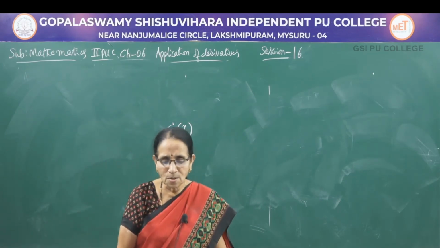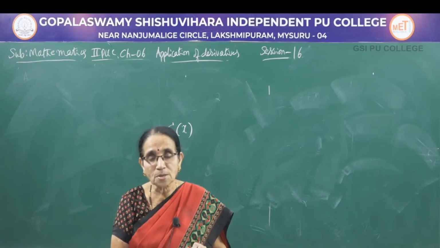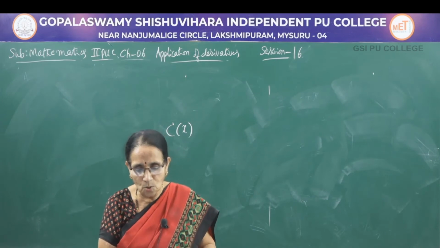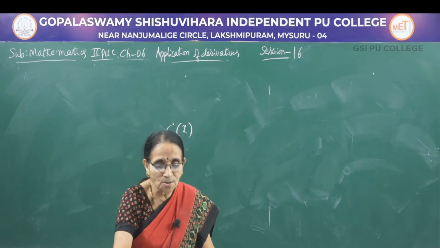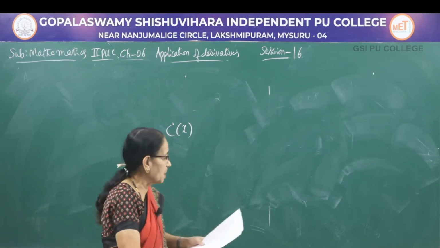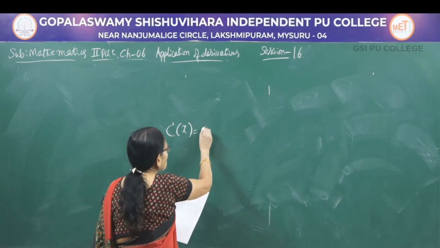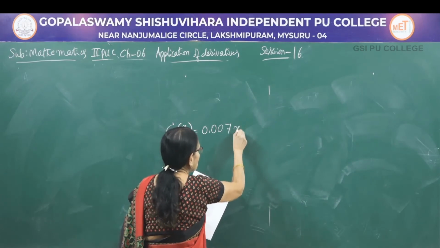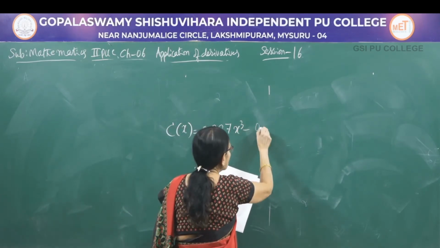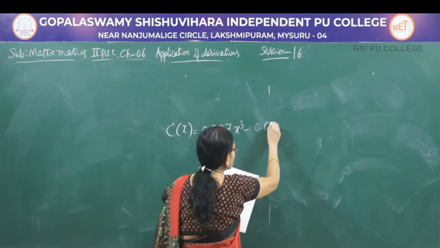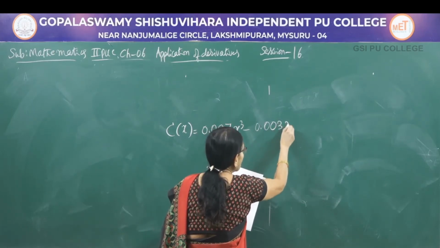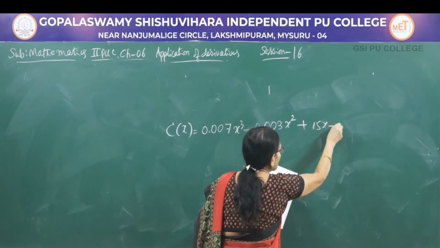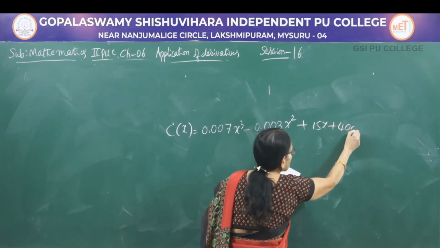So, the next problem: the total cost function C of x, which is associated with the production of x units of an item, is given by C of x equal to 0.007 x cube minus 0.003 x square plus 15x plus 4000.